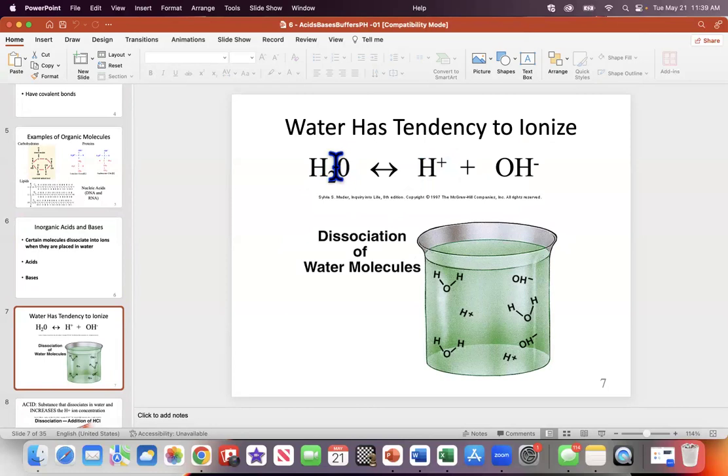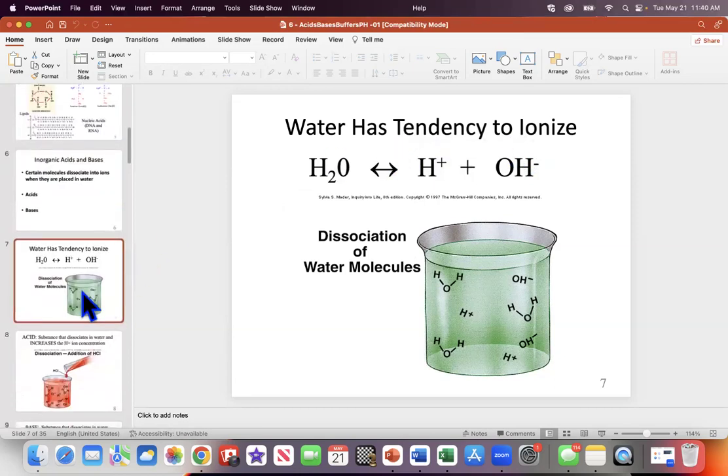It can break its covalent bond and become a hydrogen ion and an OH ion. Break one water, and you get one H plus and one OH negative. This one has positive charge, this one has negative charge, and they're balanced. So water is neutral.